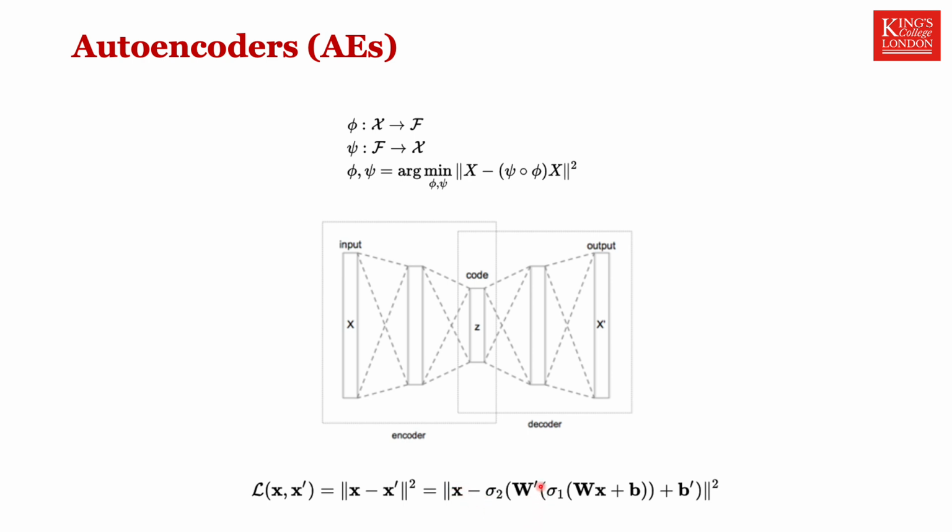To do so, the parameters W and b, here and here, will need to learn something about the structure of the data, so that after these two projections, you go back and make it look again like X.